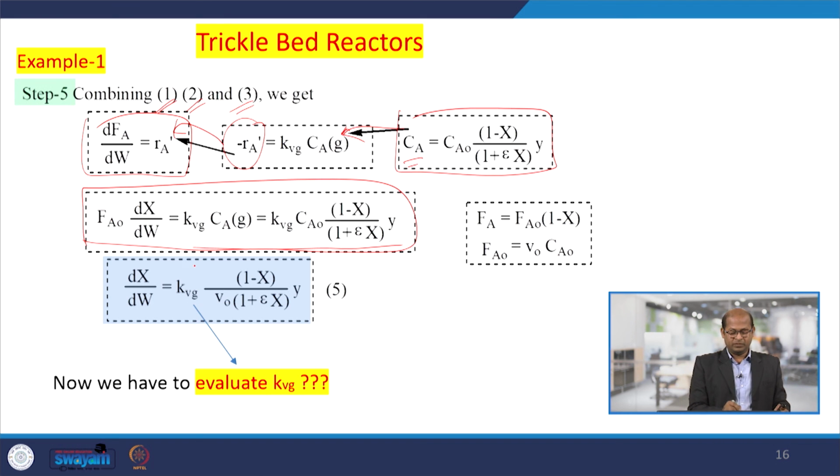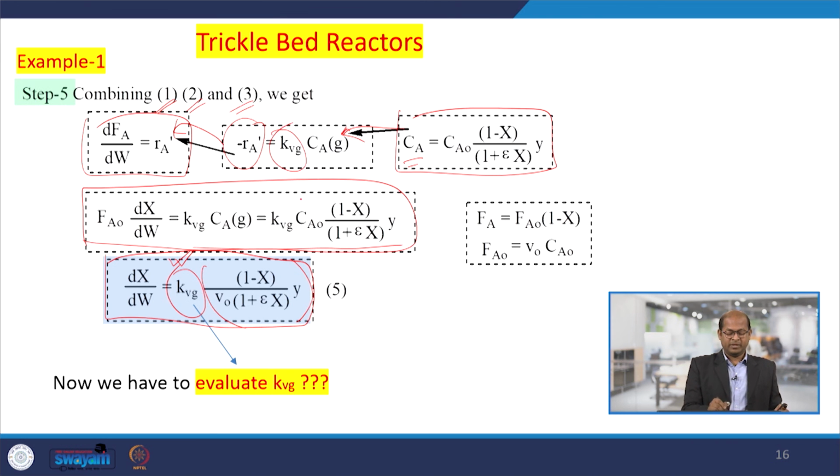So, now if you simplify these equations, it would be like dX by dW equals k Vg into this. Here k Vg is the mass transfer coefficient for the gas phase, the overall mass transfer coefficient. This value you have to know. Okay.